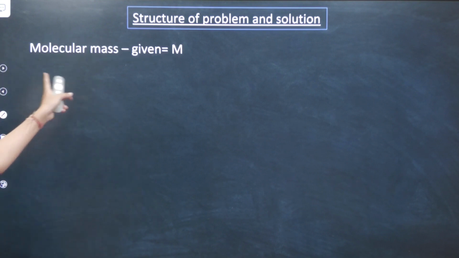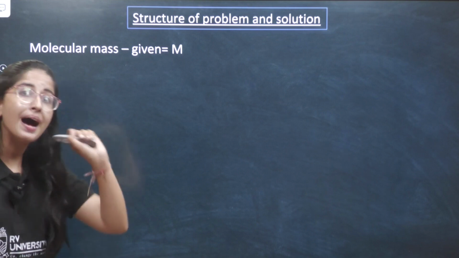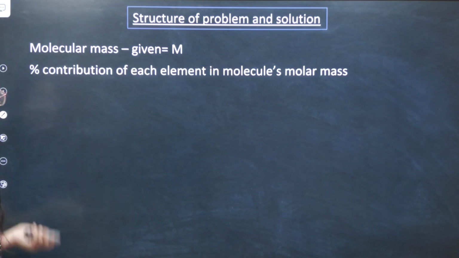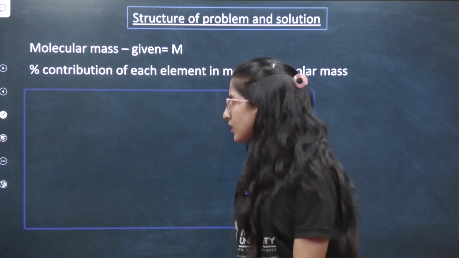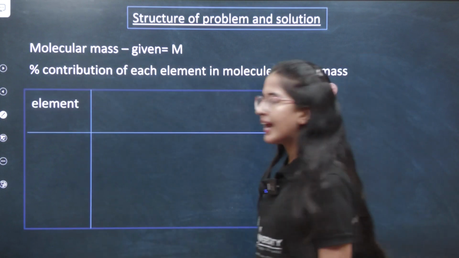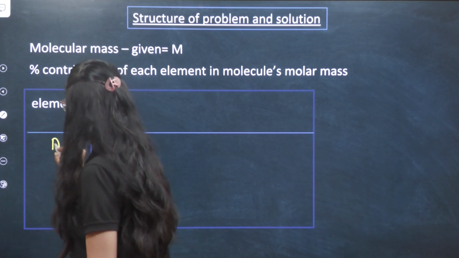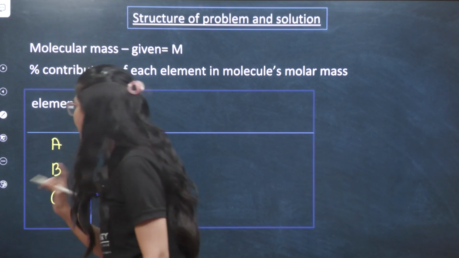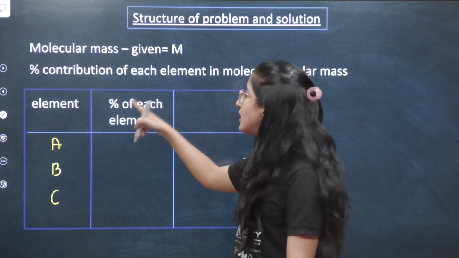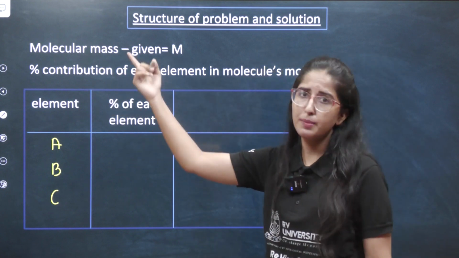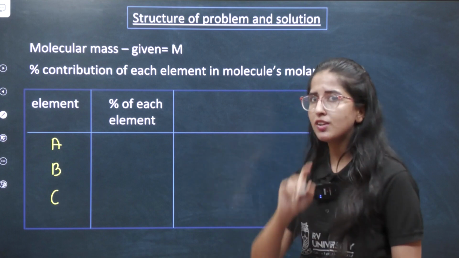So let's come to the structure of the problem and solution. In the problem you will be given the molecular mass, remember, and the percentage composition of each element. So see here, you will write the elements. Let's say you have A, B, C, different elements. In the next column, the percentage of each element which is given, that contribution you will be writing.